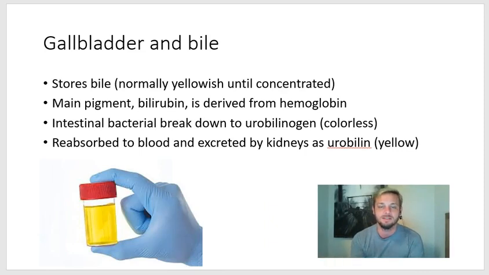It gets absorbed through those veins and then pumped through the system to the kidneys, where the kidney excretes it as urobilin. And that's what gives your pee its yellow color, this urobilin that is made from the bilirubin and urobilinogen.